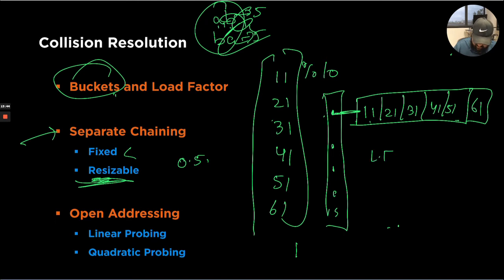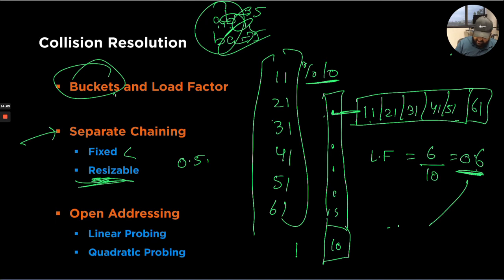So the load factor is 6 divided by the total number of buckets. There are 10 buckets that we initially had, because we are using the same convention, which is modding by the number of buckets. So essentially 6 divided by 10 is 0.6. So now it has exceeded our preset load factor of 0.5.